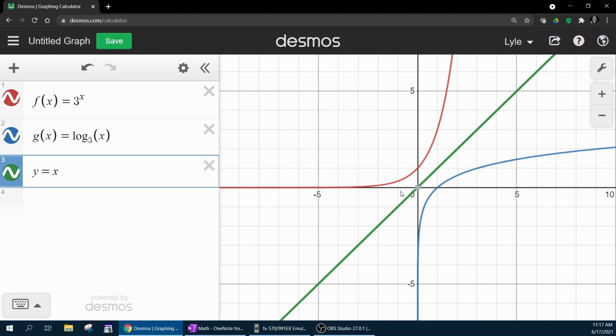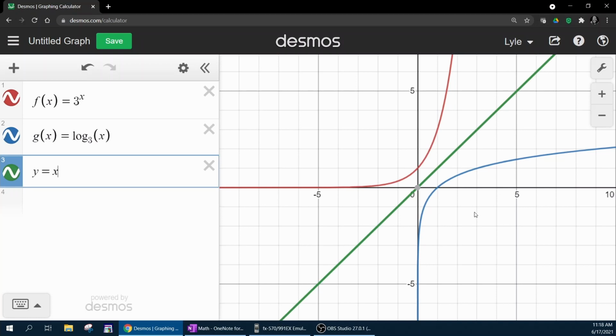And the other cool thing is that since an exponential has a horizontal asymptote, when you flip it across, that means your log function is going to have a vertical asymptote. And here we can see the vertical asymptote for the log is the y-axis. It's approaching but never touching.